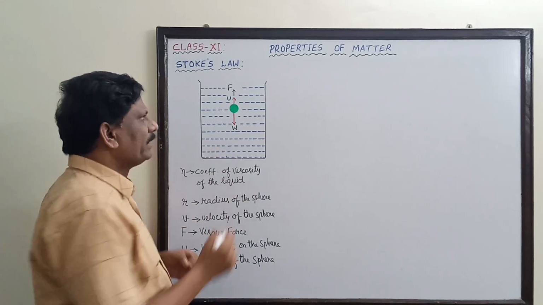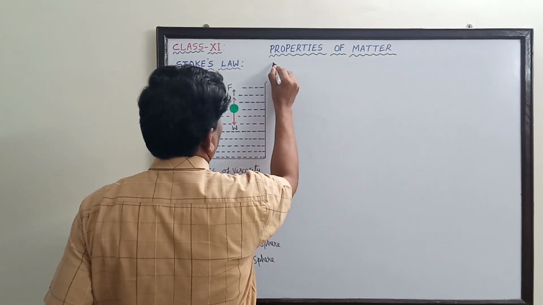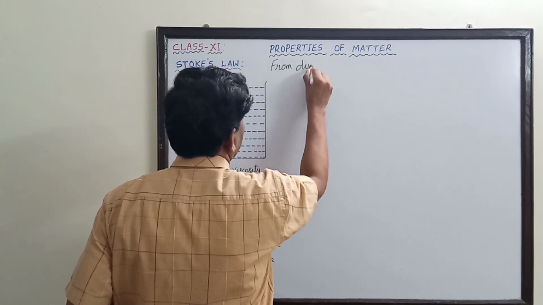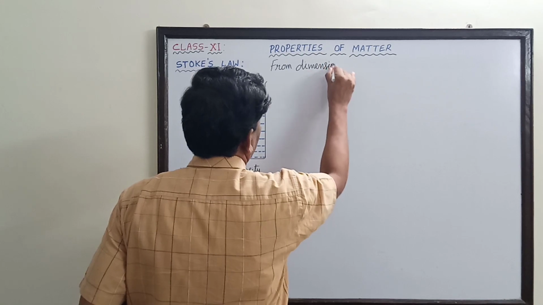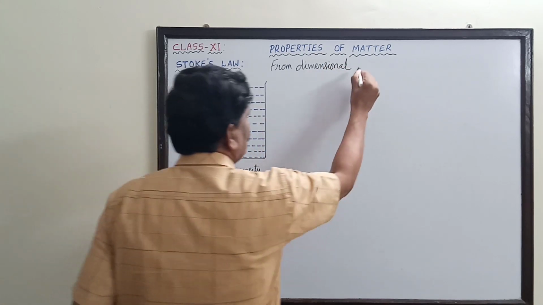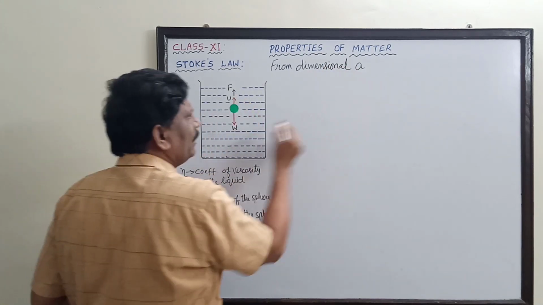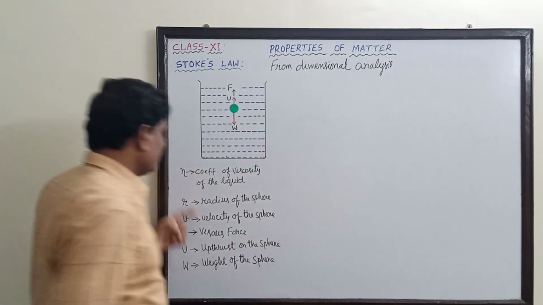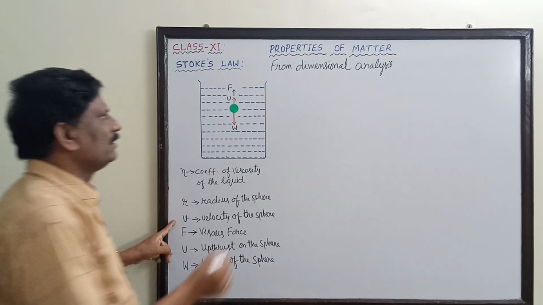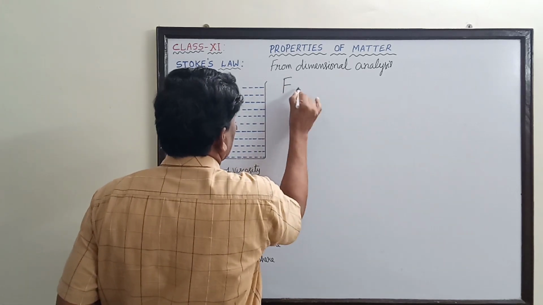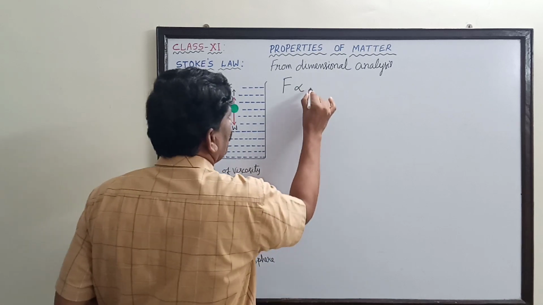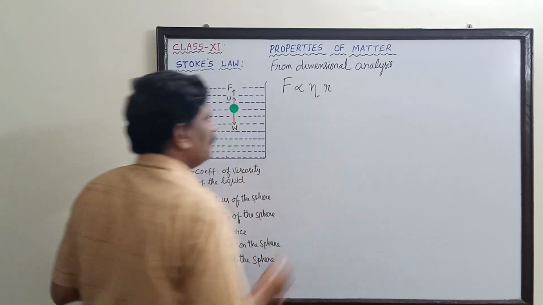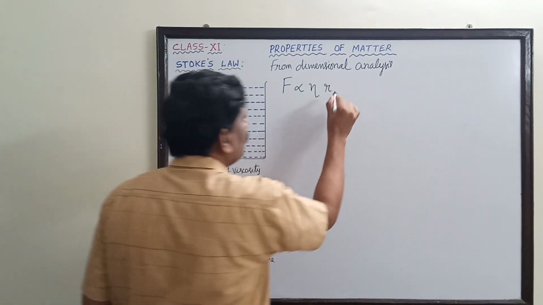So from the method of dimensions, I can take the physical quantity, namely the viscous force, depends on the three factors eta, R and V. Therefore, I can write F is proportional to eta, F is proportional to R, and F is also proportional to V.